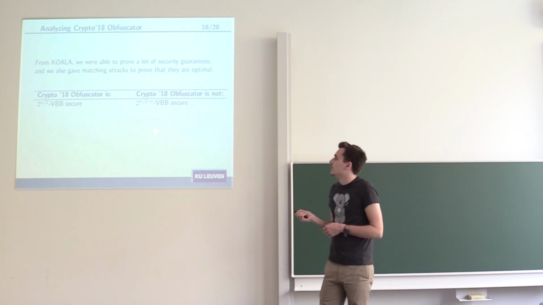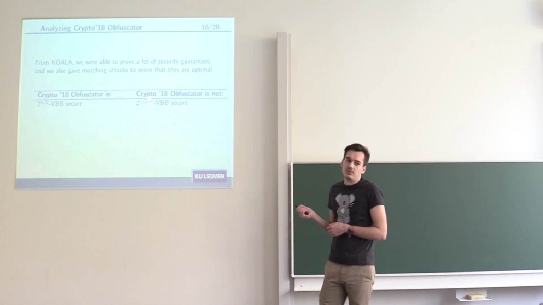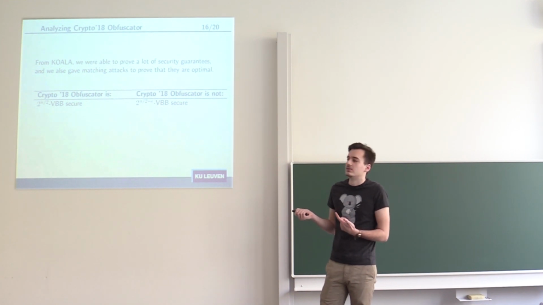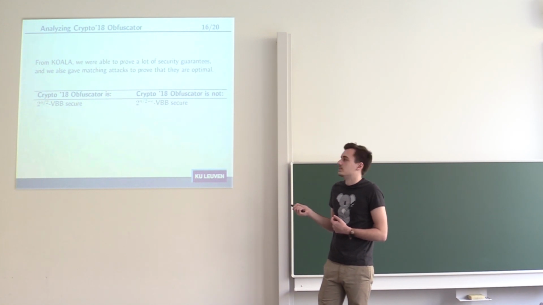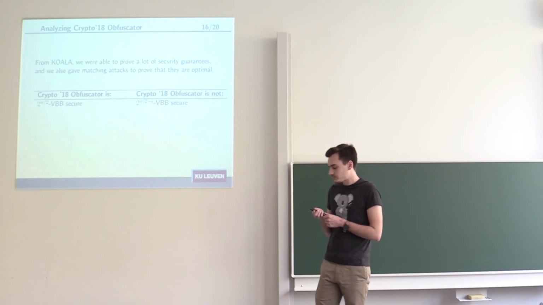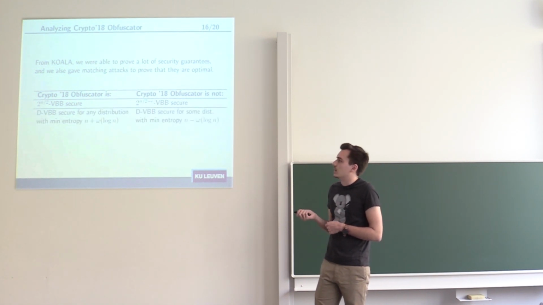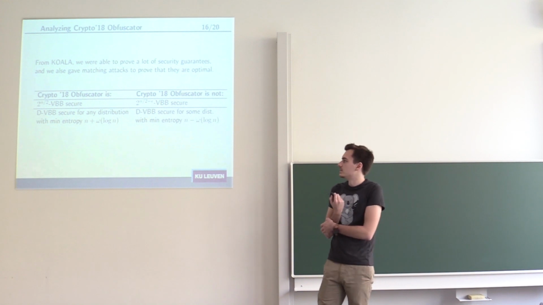And we did an attack that shows that for every epsilon bigger than 0, the scheme is not this. And so the larger the number, the less strong the security statement is. So really you cannot do better than this because the attacks cover everything lower. We also proved something about distributional VBB security.